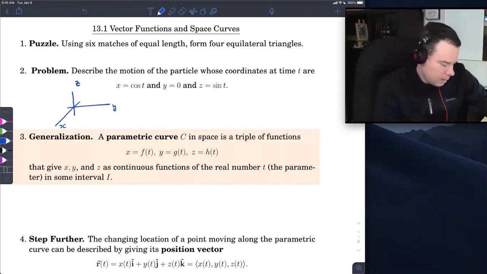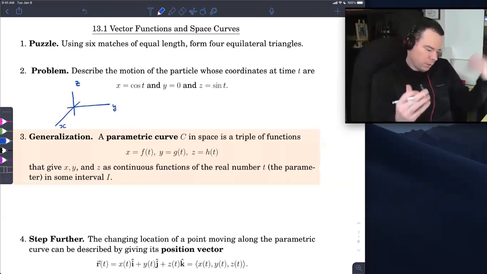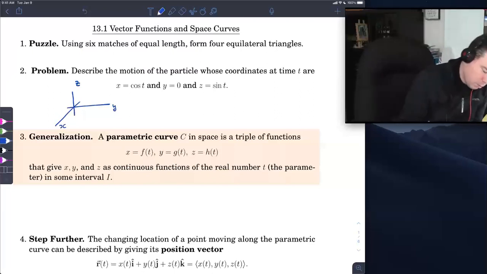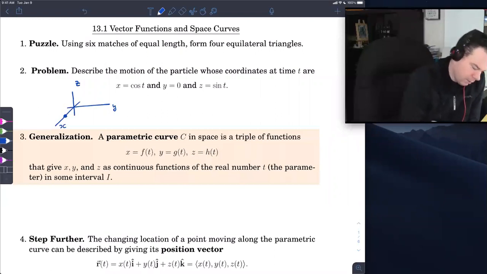As t varies, what we're going to be doing is plotting various points. So for example, when t is equal to 0, cos of t is 1. So we're out here along the axis at 1. Y is 0, and sine of t is 0. So we're at a point here.